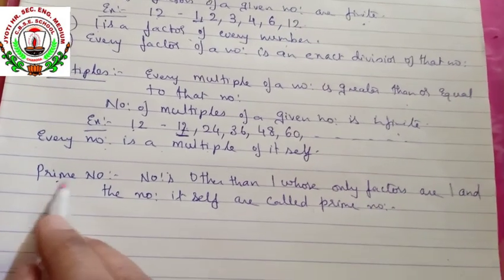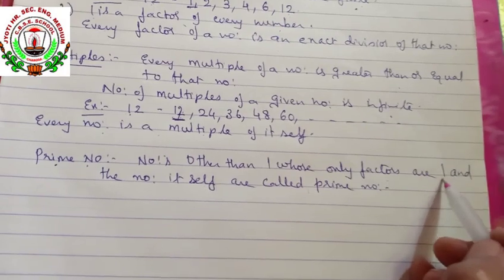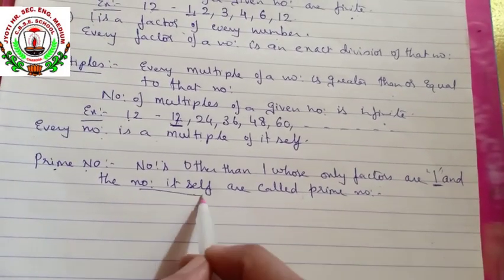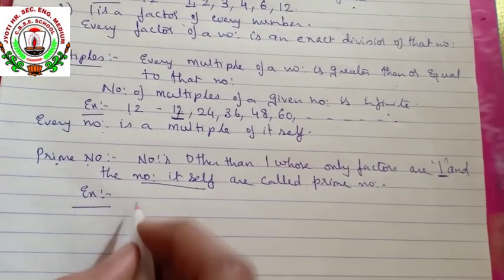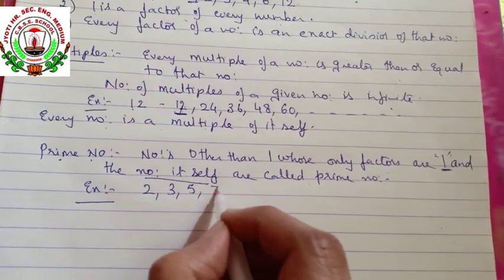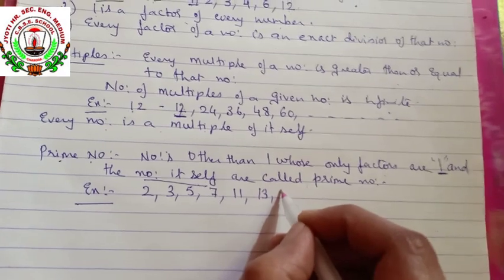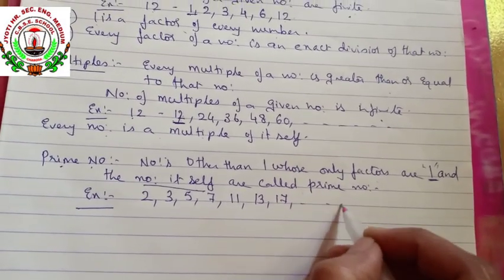Prime numbers have the factors 1 and the number itself. For example, 2, 3, 5, 7, 11, 13, 17, and so on.